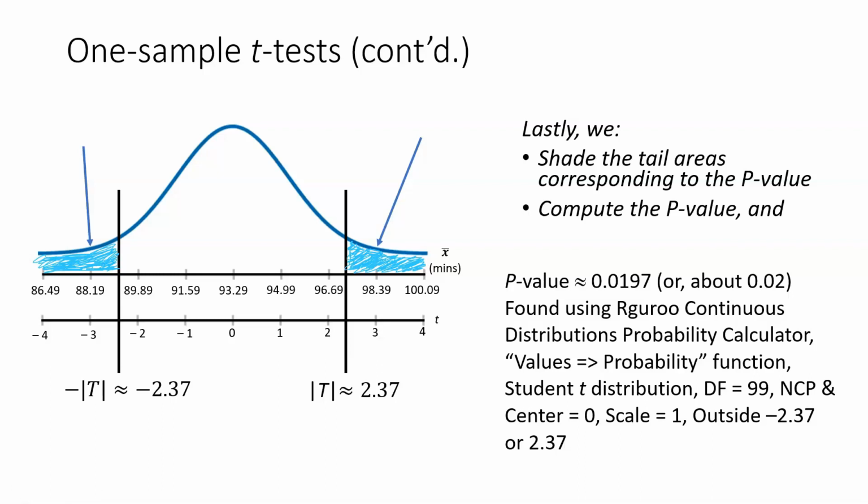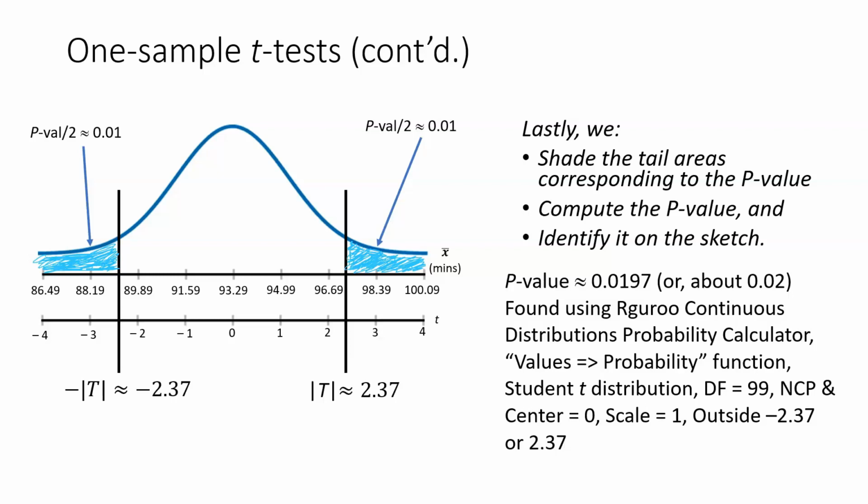I'm not going to show the R guru steps in this video, since I've already done so in previous presentations. Now, once we've computed the probability value, we identify it on the sketch by labeling half of it with each shaded tail, since the probability value corresponds to the total area in the sketch tails.